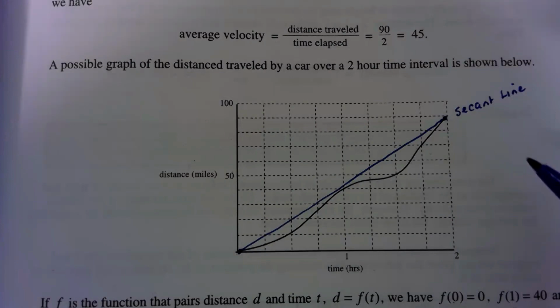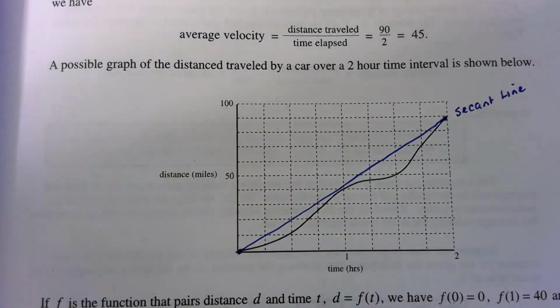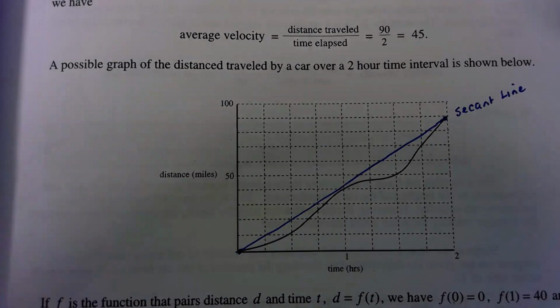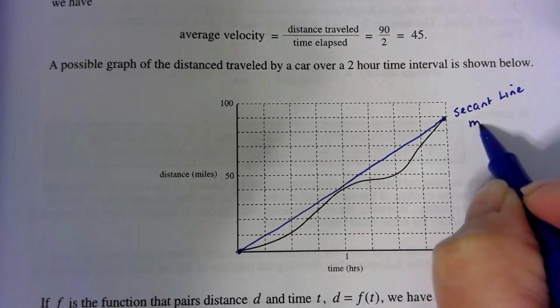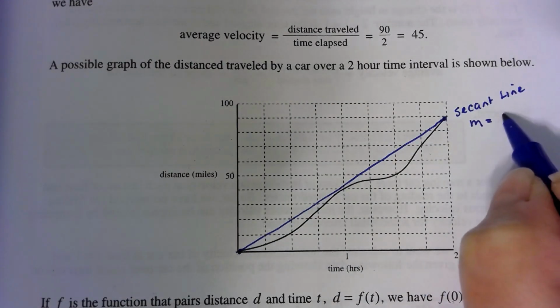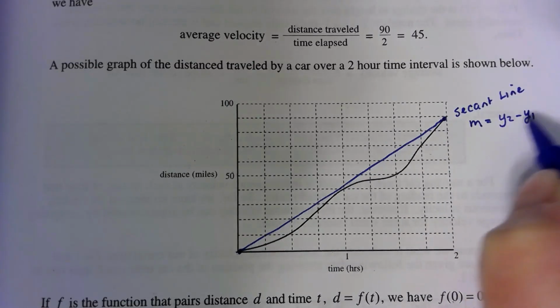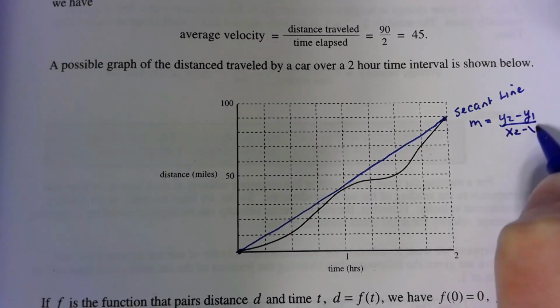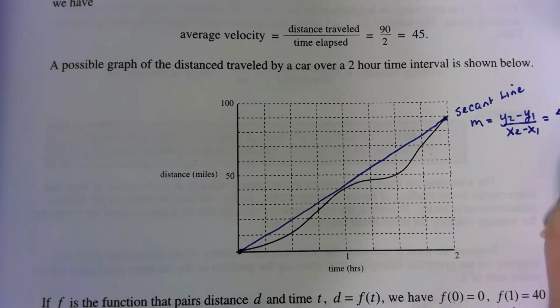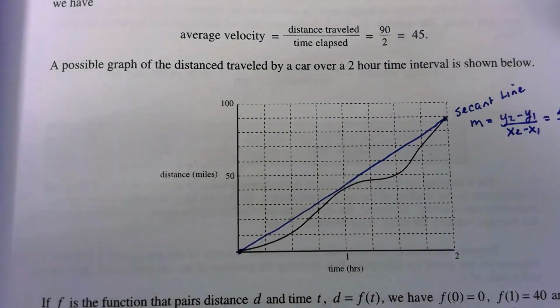And this is beautiful because we know how to find the slope of a line. The slope of a line is equal to y2 minus y1 over x2 minus x1, that's just the change in y over the change in x.